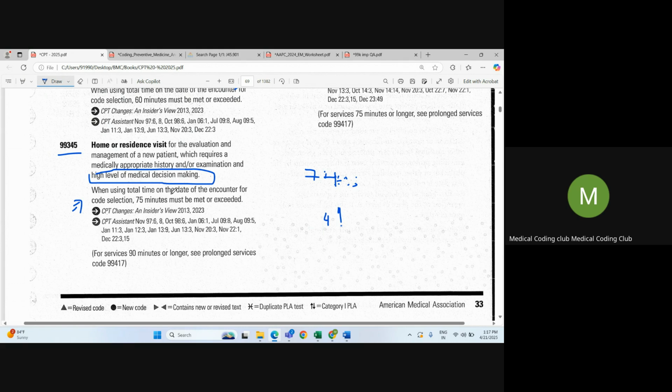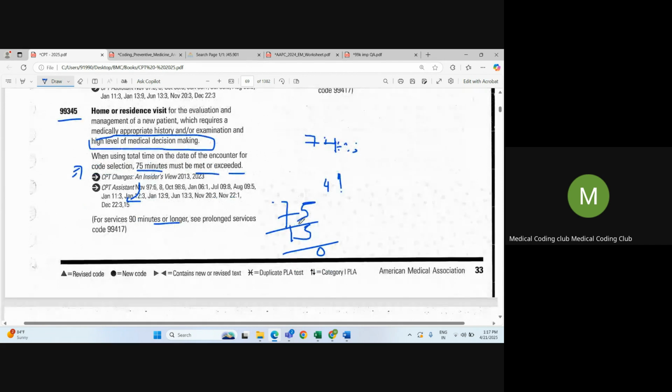When using total time on the date of the encounter for code selection, 75 minutes must be met or exceeded. For service of 90 minutes or longer, 99417 is the prolonged code.